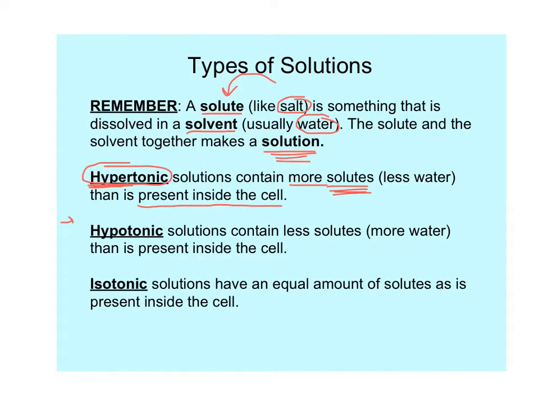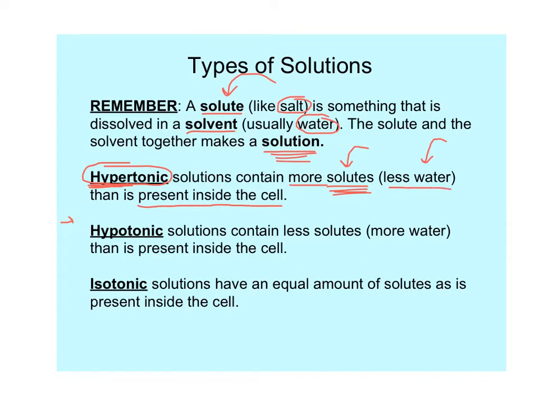So if there are more solutes in the solution than what is inside the cell, that is going to be hypertonic. Now, since there's more solutes, and we're going to say salt, if there's a high percentage of salt, that means there is a lower percentage of water. So hypertonic means more solutes, but less water.